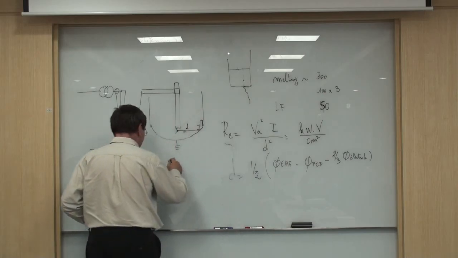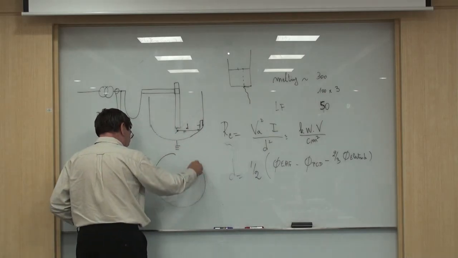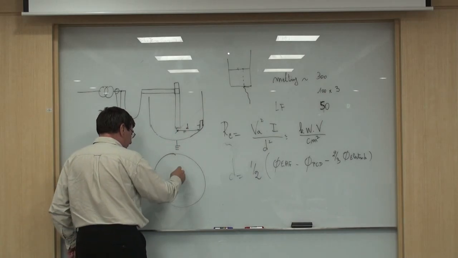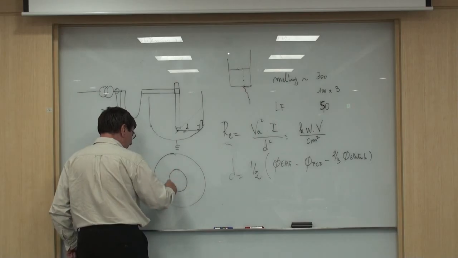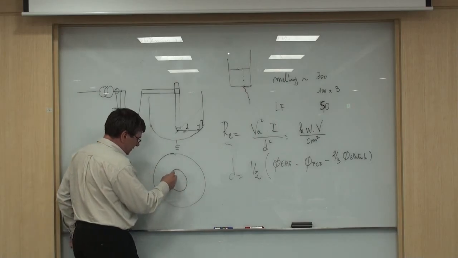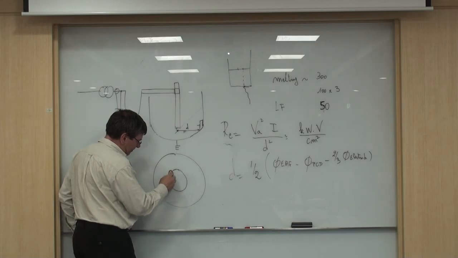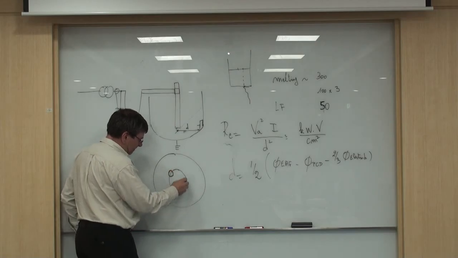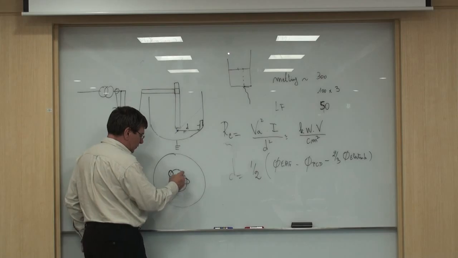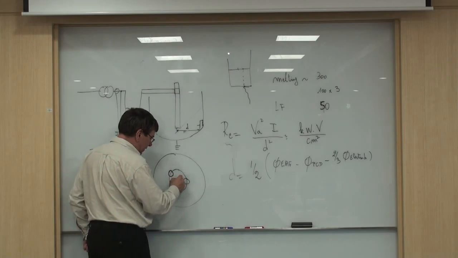This formula, because you have the furnace, then the electrodes are here. This is the PCD. So this is the furnace diameter.